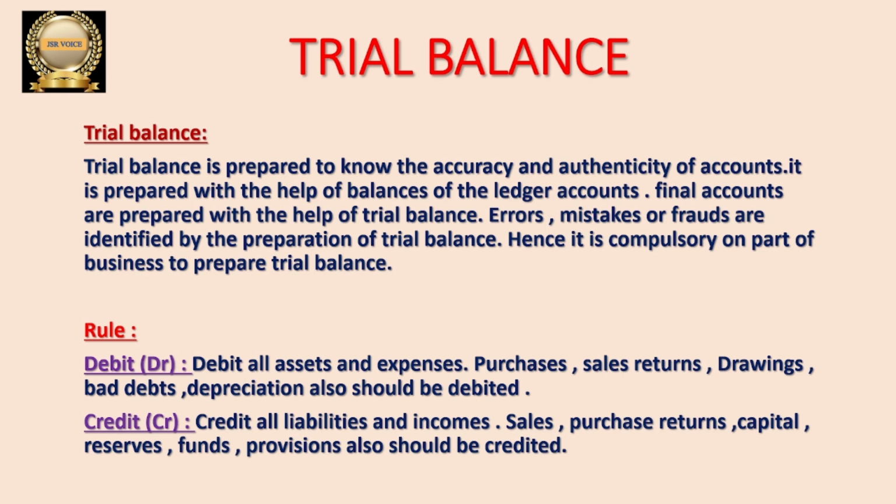We should credit all liabilities and incomes. You may wonder what liabilities are. I gave the liabilities list also. You can go through that so that you can easily identify the liabilities. We should credit all incomes also. What are incomes? If the business receives anything, that will become an income for the business. So all incomes we have to credit.